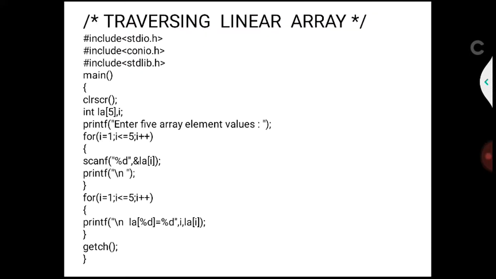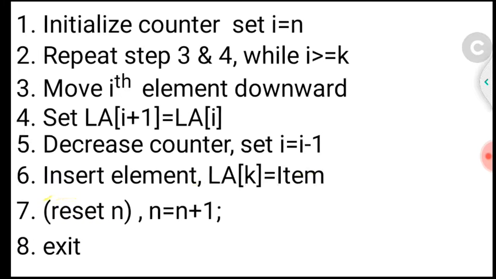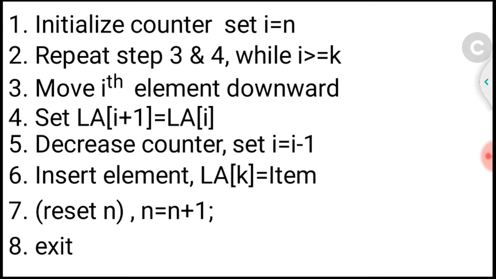You can see in the algorithm the counter is starting from the last location, and we have to check that I must be greater than or equal to k, that is the position, because the values of the locations after the position we have to move forward, we have to move those values downward.